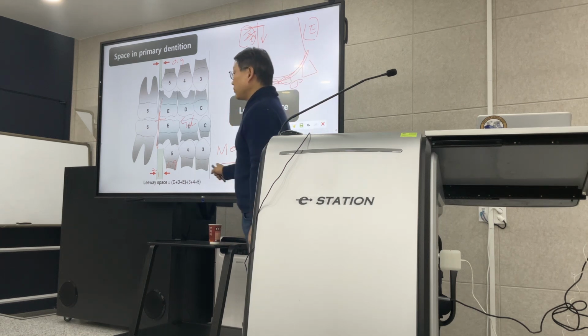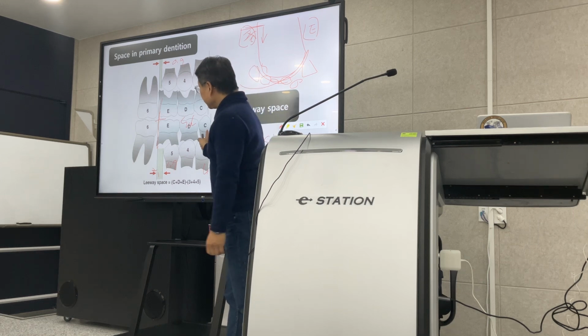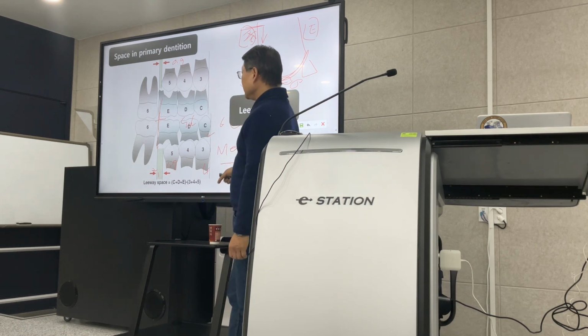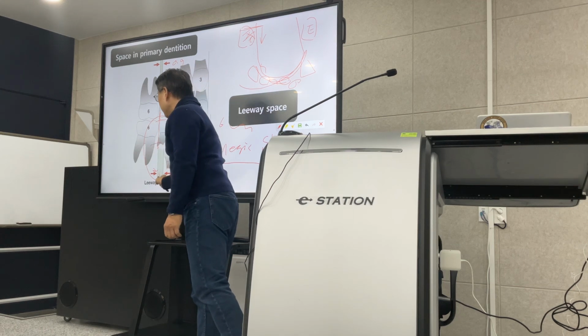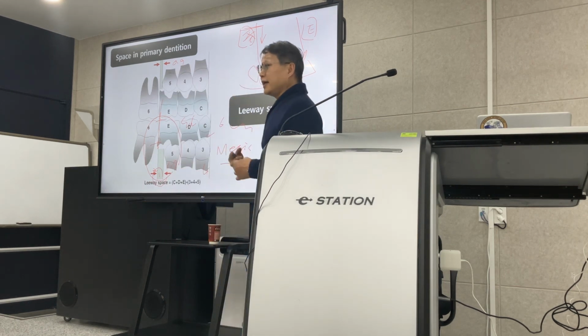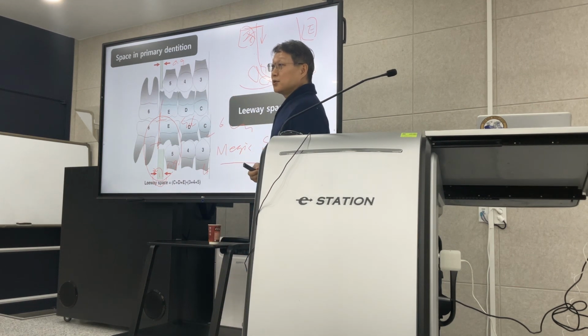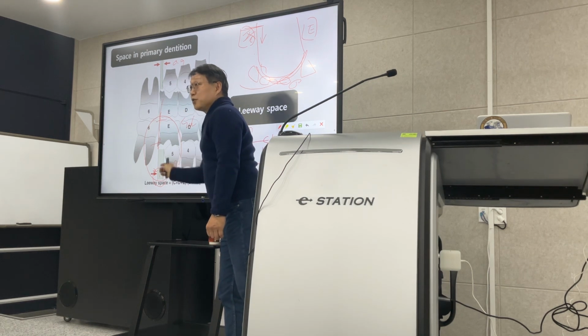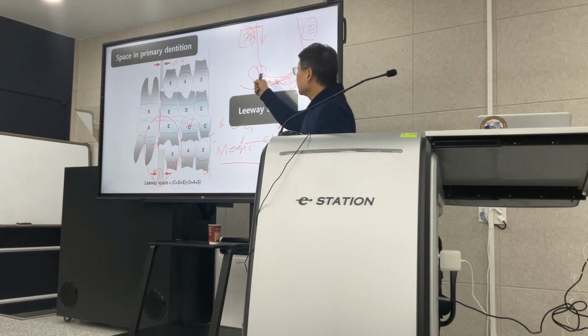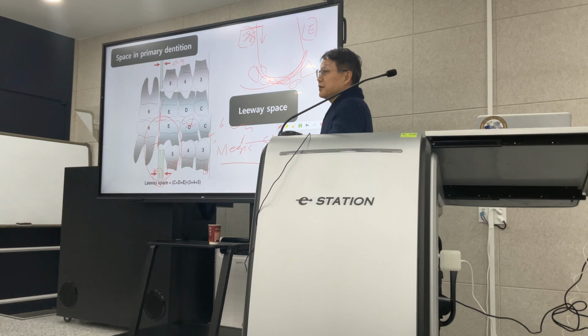The other one is the late mesial shift. At this age, around 6 or 7, they are shifting using the leeway space. We call it late mesial shift. So at this age, around 6 to 9 or 10, if you use the lingual arch to hold this kind of space, you can control and resolve mandibular anterior crowding.